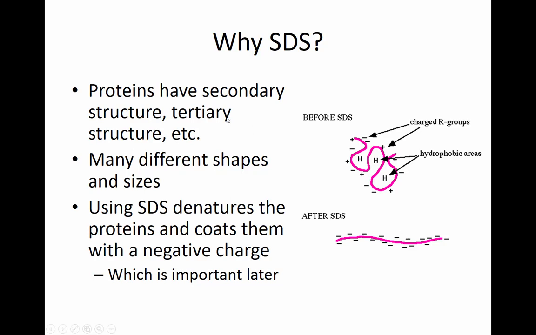So, you want to break up the secondary structure, the tertiary structure that proteins have, and coat them with a negative charge, which we'll talk about more later because it's important. So essentially, before SDS, you have a bunch of interactions, hydrophobic interactions, charged interactions, salt bridges, and hydrogen bonding and things like that that make up the protein's overall structure. After you treat them with SDS, a denaturing agent, you have these linear chains of peptides, proteins that are coated in a negative charge.